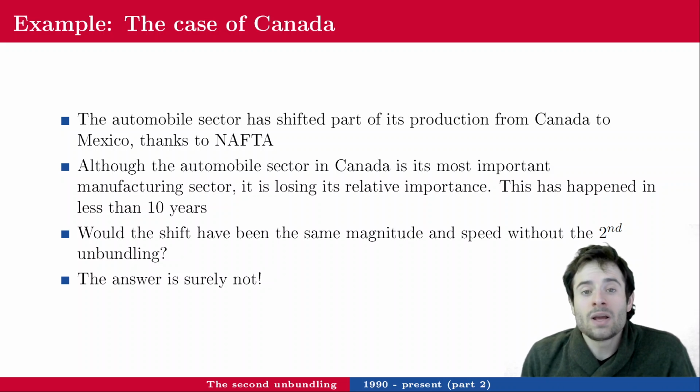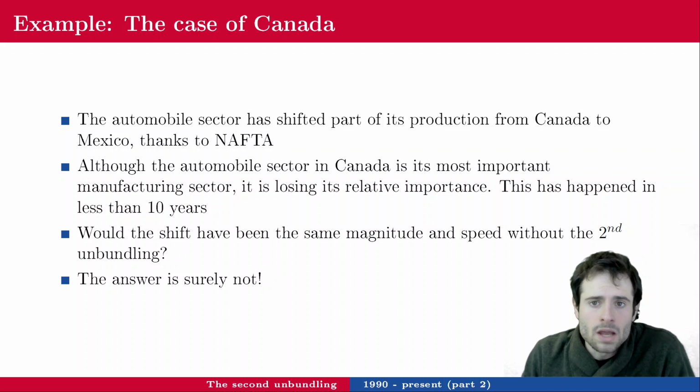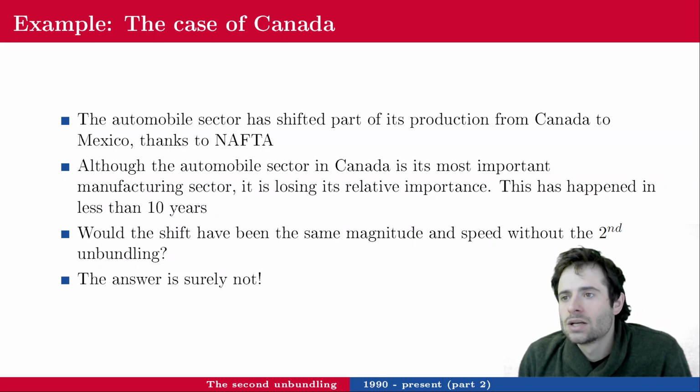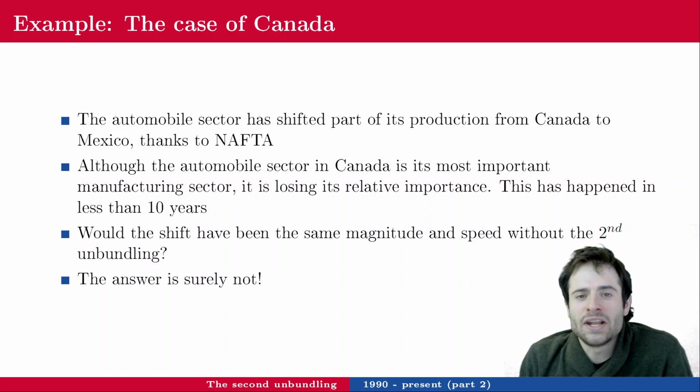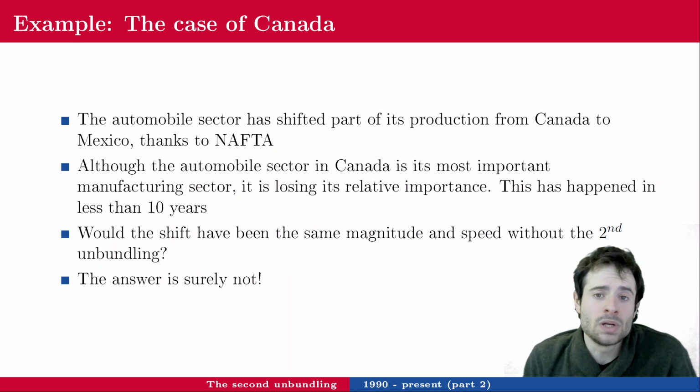Before the second unbundling, before the decrease in communication costs, immigration was not that high either. Not many people would migrate to other countries. And then it was way harder for a Canadian firm to transfer its know-how to a Mexican company and control all of the production process.